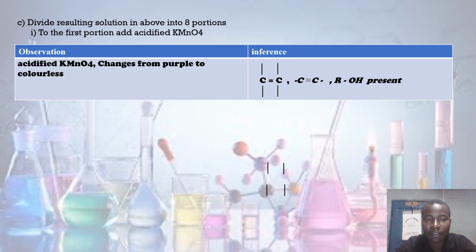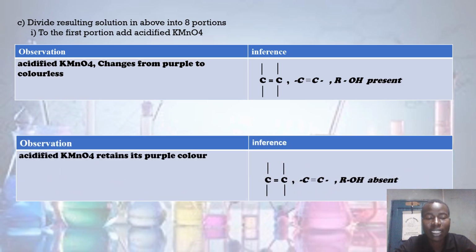Potassium manganate 7 can be used to test for these three. But if you find that the acidified potassium manganate 7 is retaining its purple color, remember, when you are talking about color changes, you must tell me if it is retaining the color, which color is being retained. If it retains its purple color, it will imply that double bond, triple bond, or the ROH is absent.